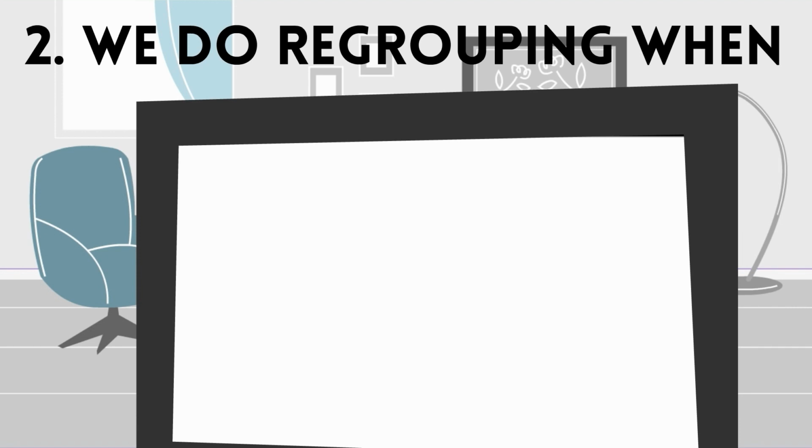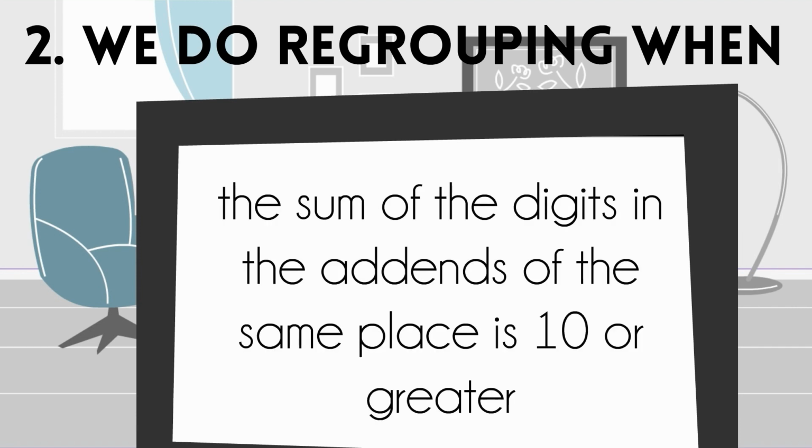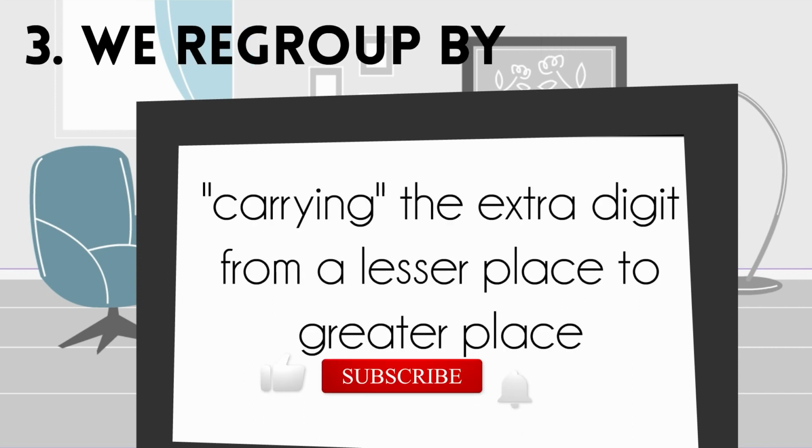We do regrouping when the sum of the digits in the addends of the same place is 10 or greater. We regroup by carrying the extra digit from a lesser place to a greater place.